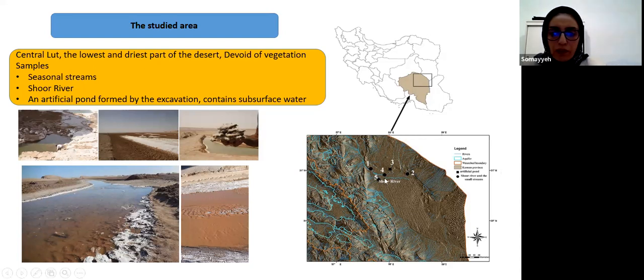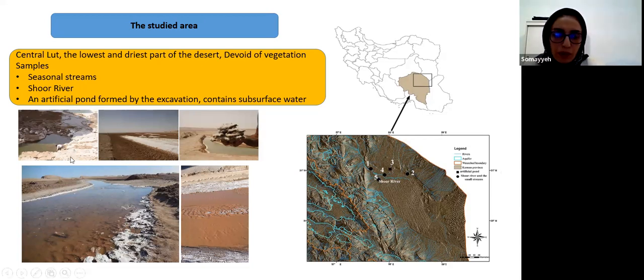Very interesting, another stream. Oh, and sorry, I just want to correct that. Number 3 was from the salty pond that was made by the excavation when constructing the road from Shahda to Nehbandan, and it contains the shallow groundwater, and it is the saltiest sample we had.